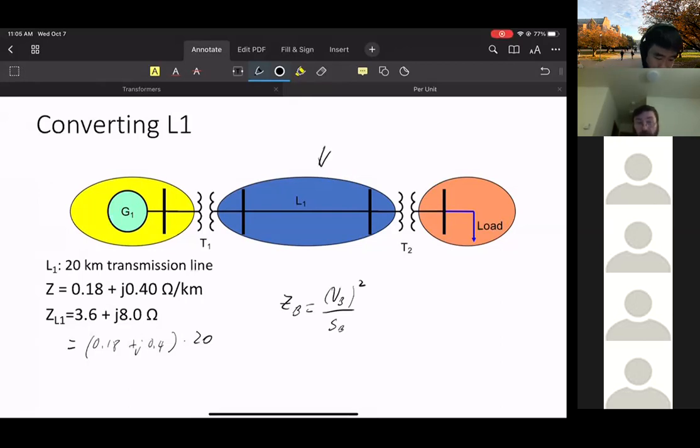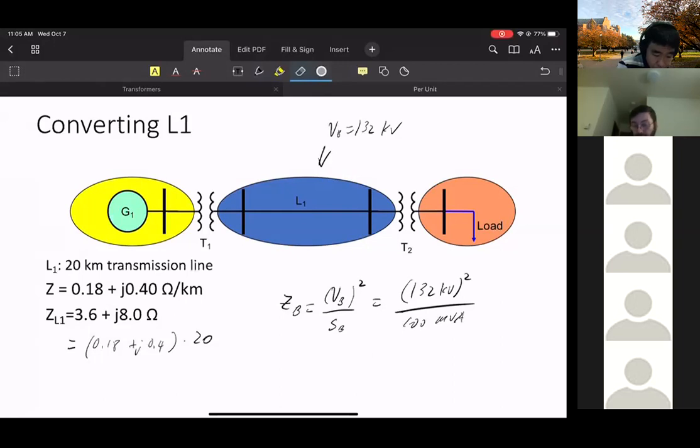For this part, the base we chose is 132 kV. So this is 132 kV squared over 100 MVA. Divide things out, sorry, this is the base.